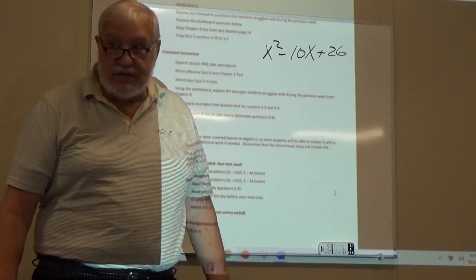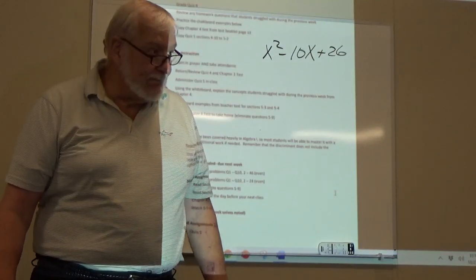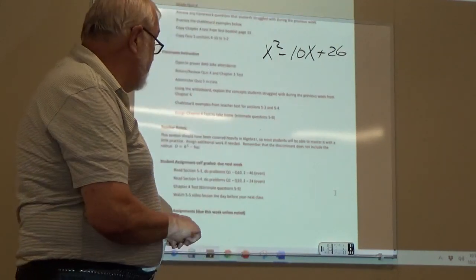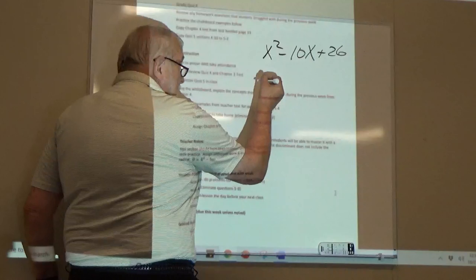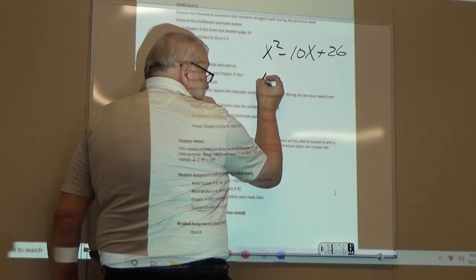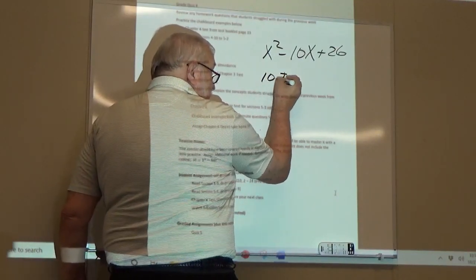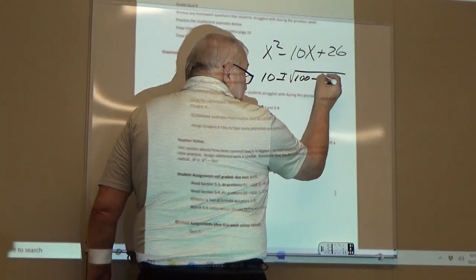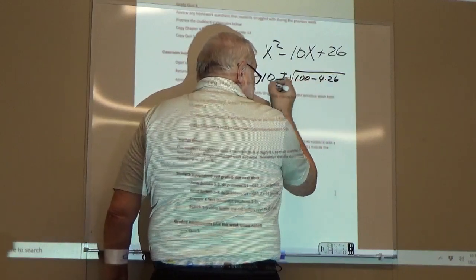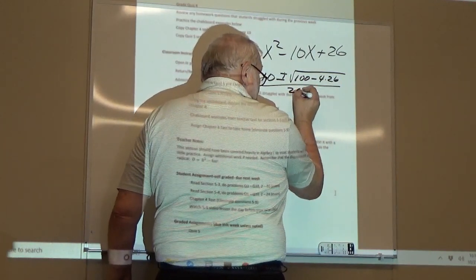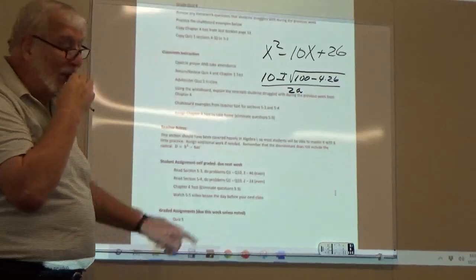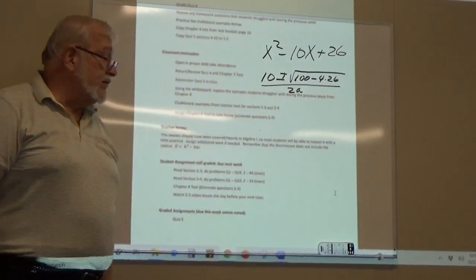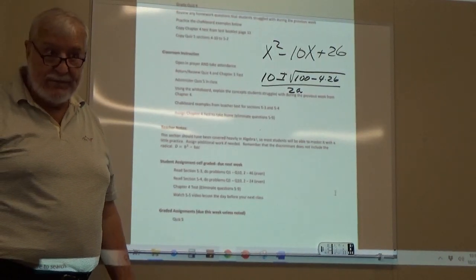So it's a negative, an imaginary number, because it's the square root of a negative number. So what I'm going to do is say opposite of b, 10 plus or minus the square root of 100 minus 4 times 26, all over 2a. Now, put this in the calculator without the square root. Put 100 minus 4 times 26 in the calculator.